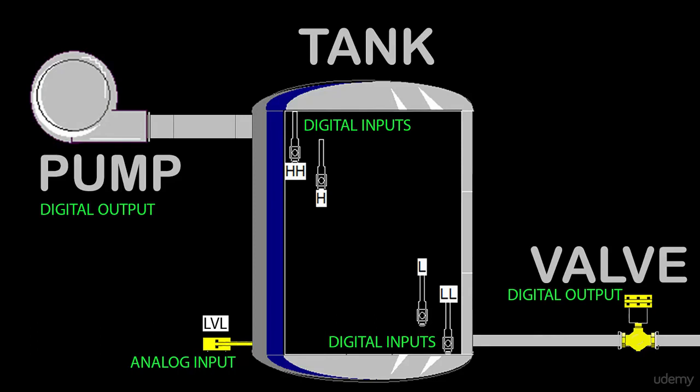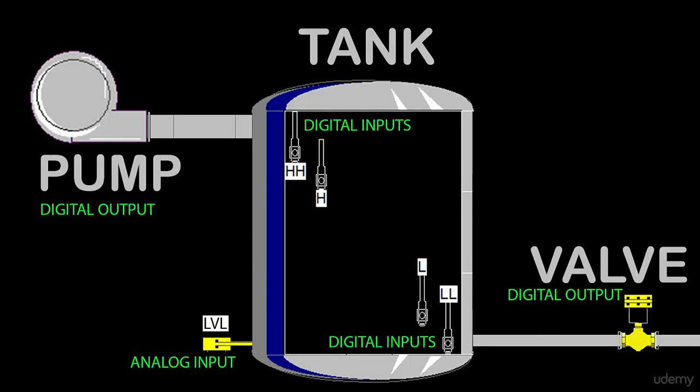Based on that pressure, maybe it's 0 to 2 kilograms or 0 to 5 pounds, whatever pressure is detected down there, we're going to be able to scale that into a level in our tank. So we've got an analog level, we've got digital level control, at least at 4 points.